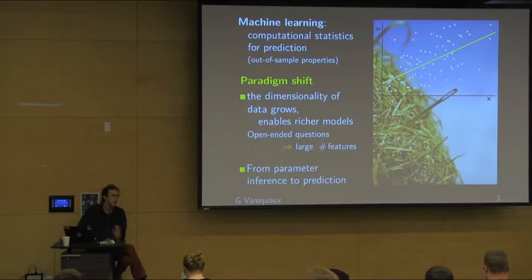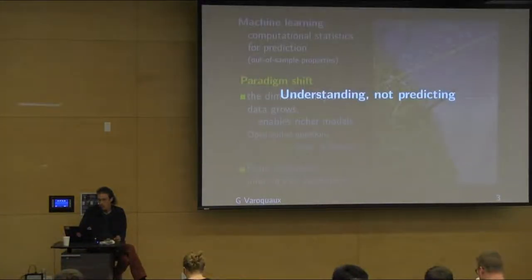And from a scientific perspective, this allows us to tackle more open questions, okay? But when we do this, we need to shift from testing the value of parameters to using prediction as a tool for scientific inference, okay? That's an important point.